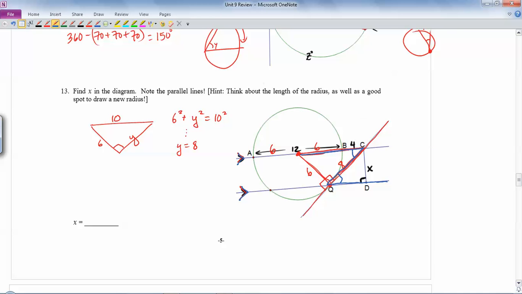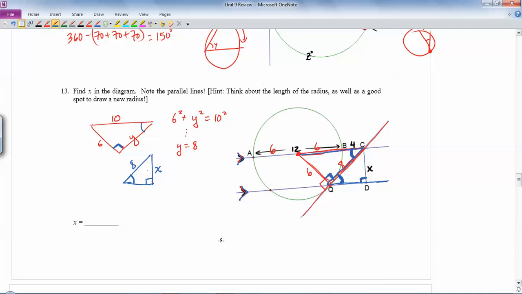So if you now look, I've marked one curve here in this triangle, and I've got a right angle here. So I've got a right angle and a one curve. That matches the right angle and the one curve in the other triangle, which I'll draw right below it here, where I know that this one is 8 and this side is x.